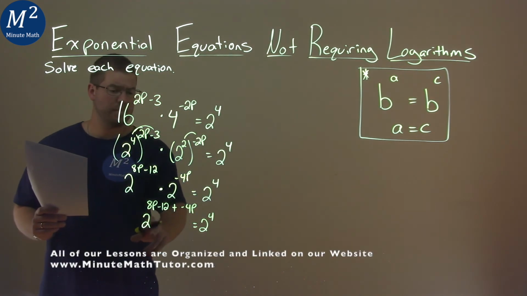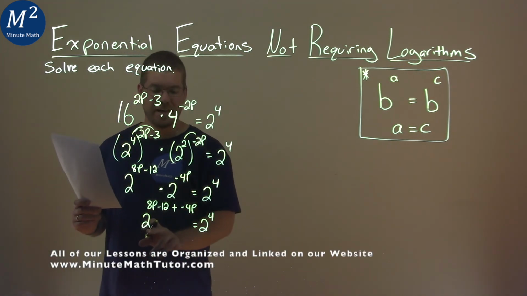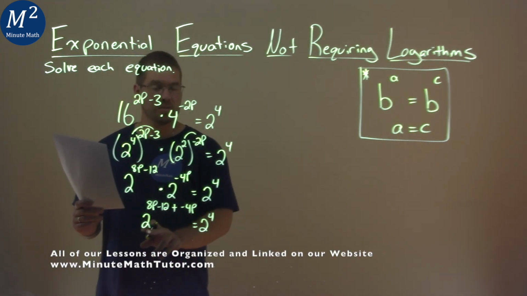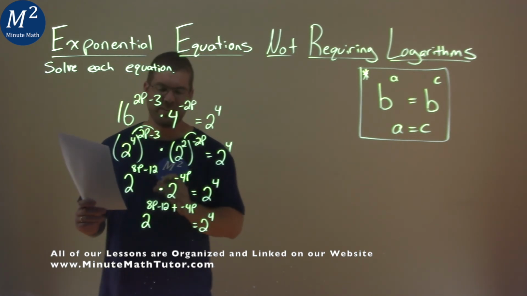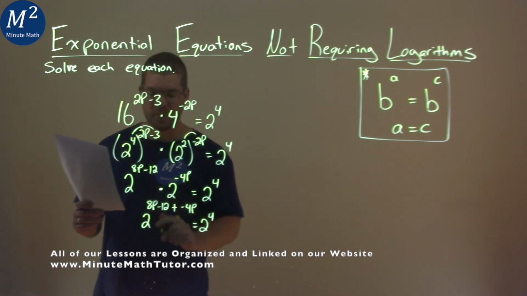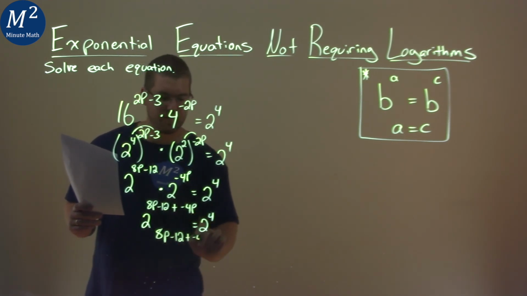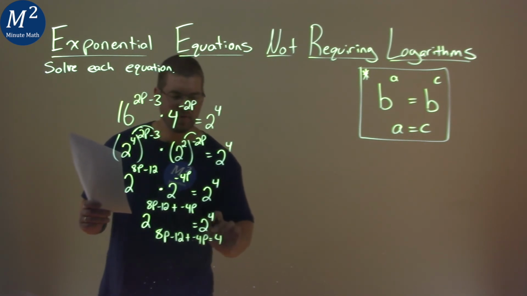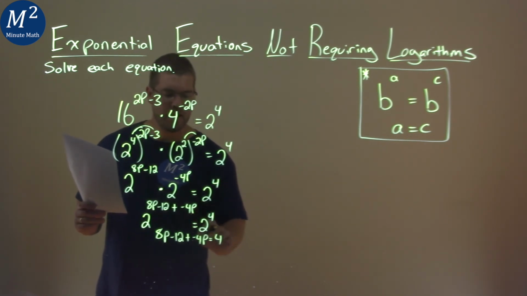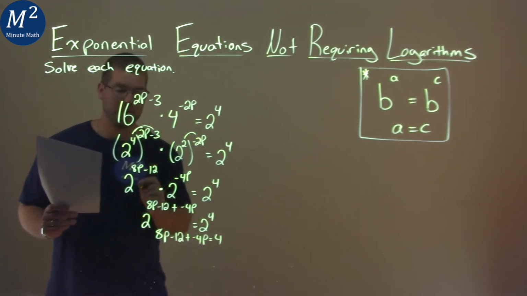Well, from there, we have our same base again on each side of the equal sign, which is 2. When that happens, our last rule is we can set the exponents equal to each other. So we have 8p minus 12 plus a negative 4p is equal to that 4 right here. And now we have to solve for p.